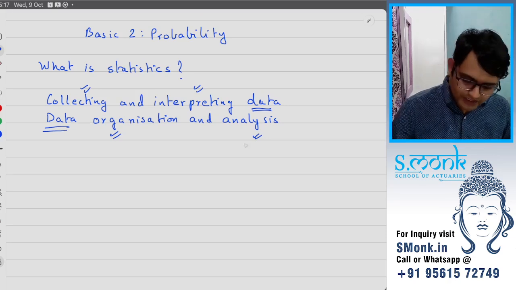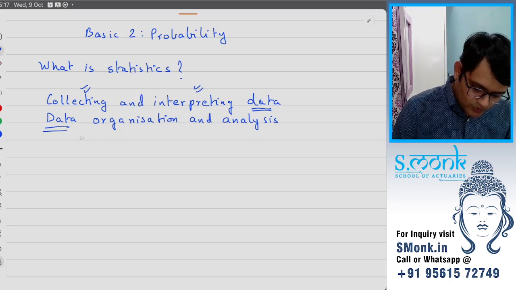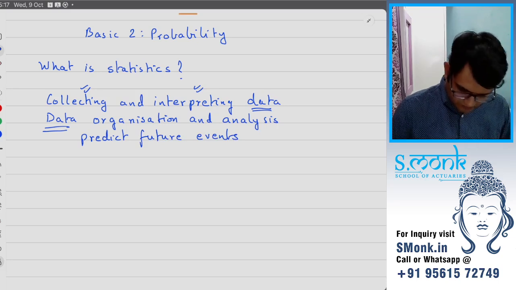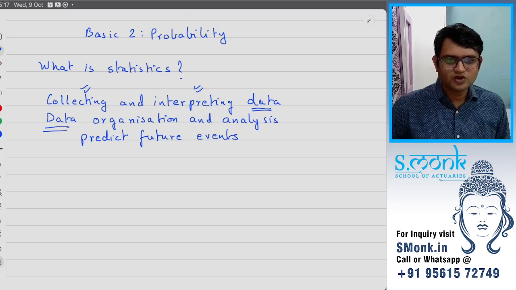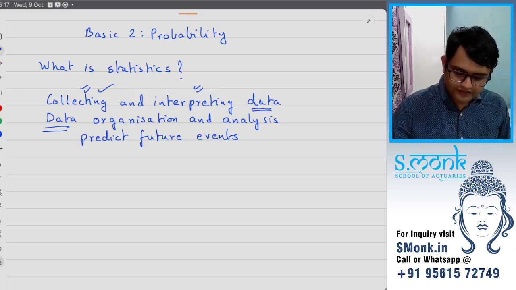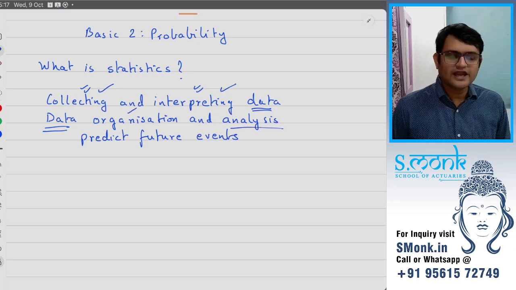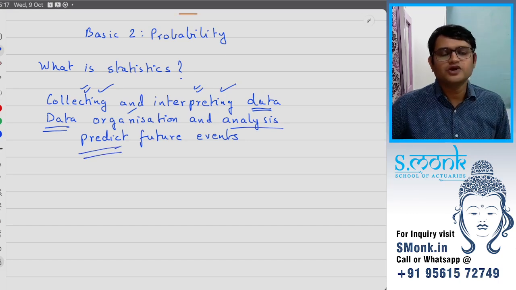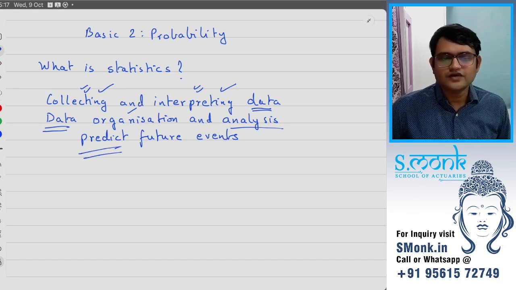Yes, one more thing that we do is we do predict. So we are going to collect data, we are going to interpret, organize, then analyze it, and after that we are going to predict what might happen by using the data that we have collected in the past.